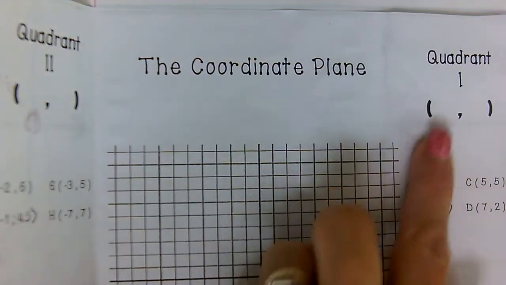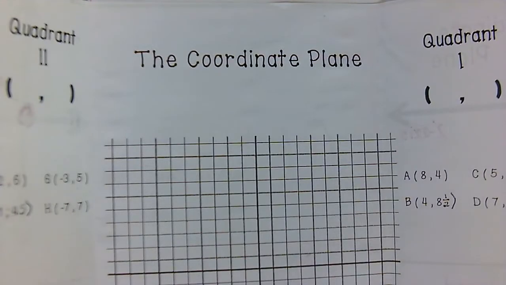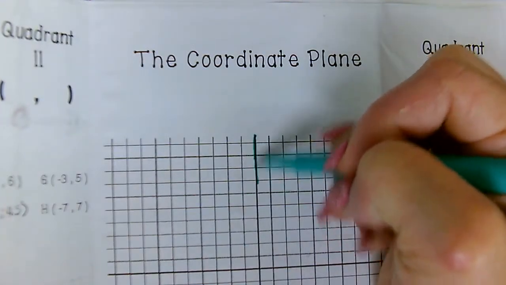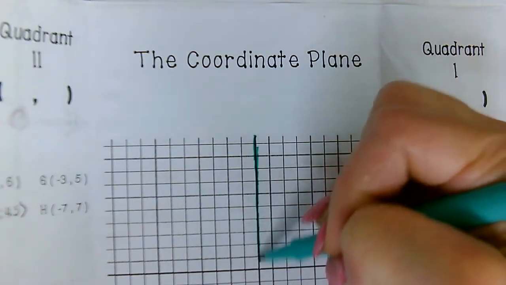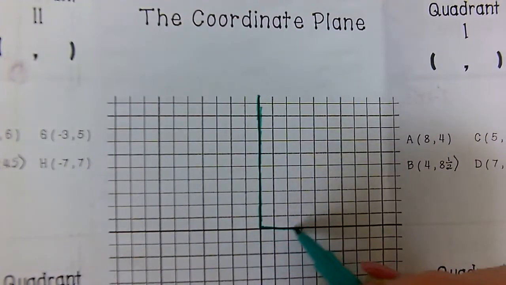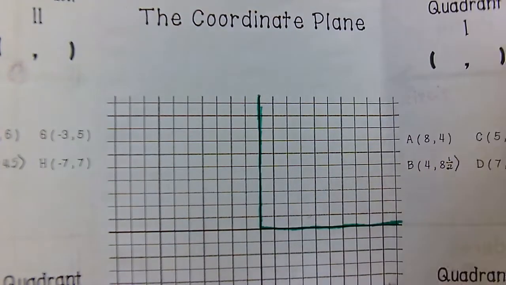Quadrant 1, which is here over, and I will highlight this a little bit so you can see it better. So from here and across, anything that's not on these 2 lines but inside it is inside quadrant 1.